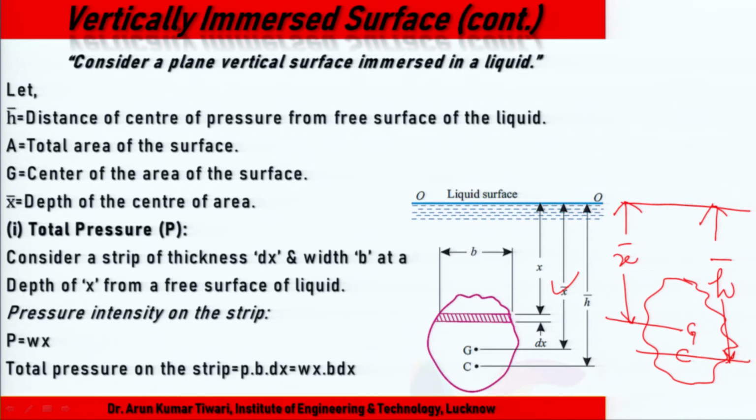So, how do we calculate the total pressure? Our objective is to calculate capital P only, the total pressure exerted. Simply, we take a strip whose width is B and thickness is dx.